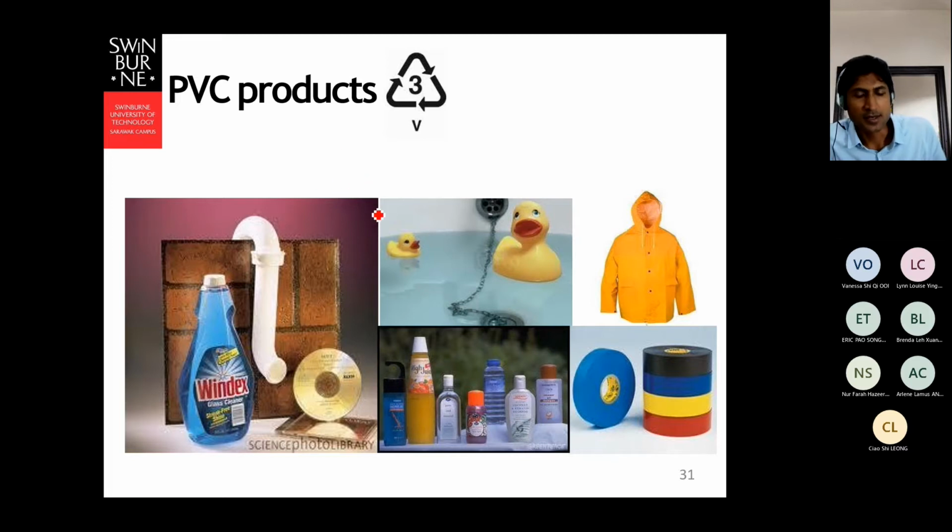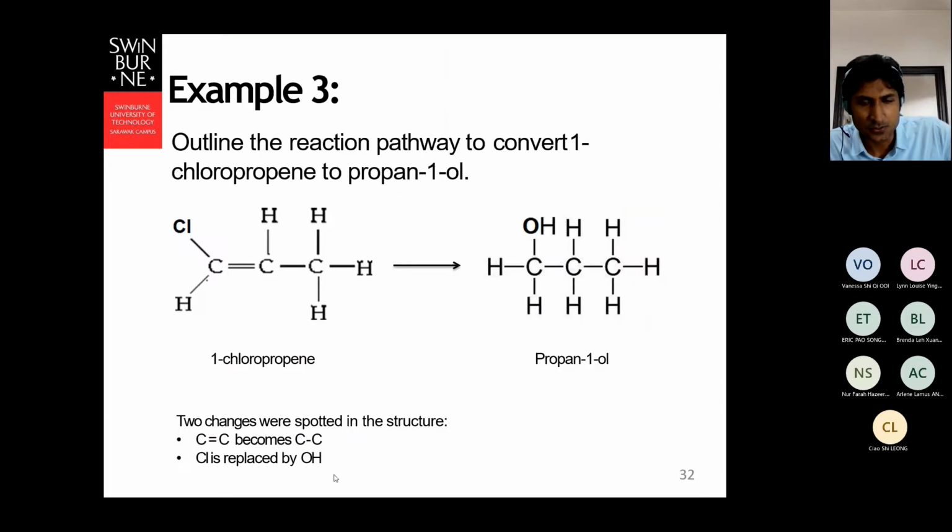When there is a hydrogen atom, it is very soft, like a polymer bag, a plastic bag. But when the one hydrogen is replaced, it can be as hard as this plastic. It can be a plastic sheet that we can even make a table out of. So this is the difference of one atom.